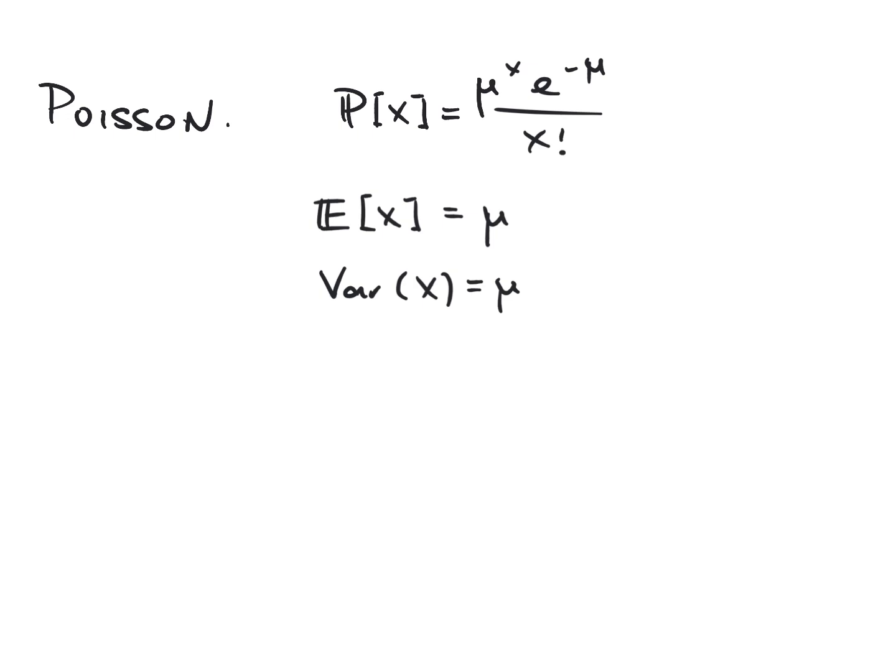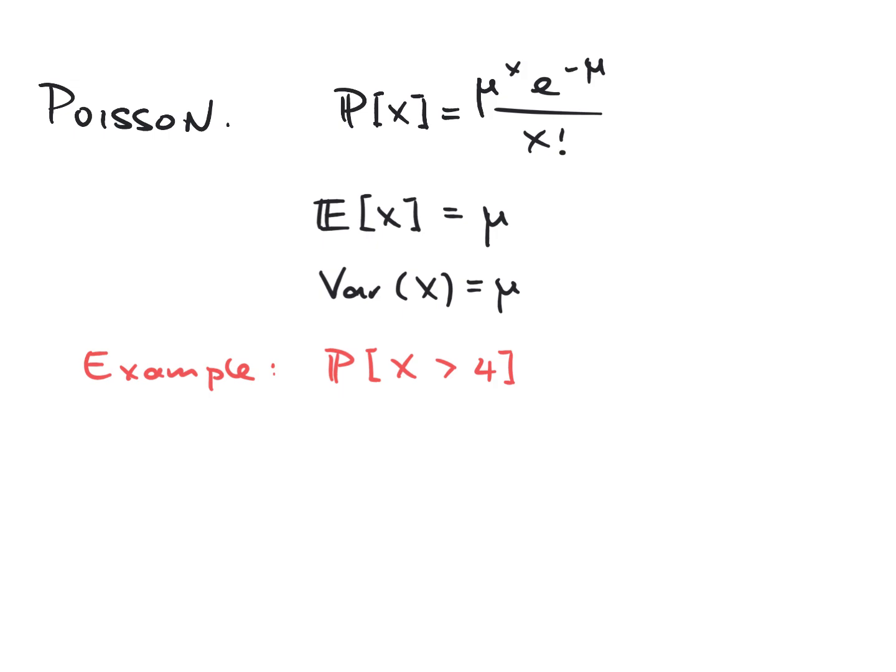Now, when you are solving a question for the Poisson distribution, and the question asks, what is the probability that X is greater than some value, 4?